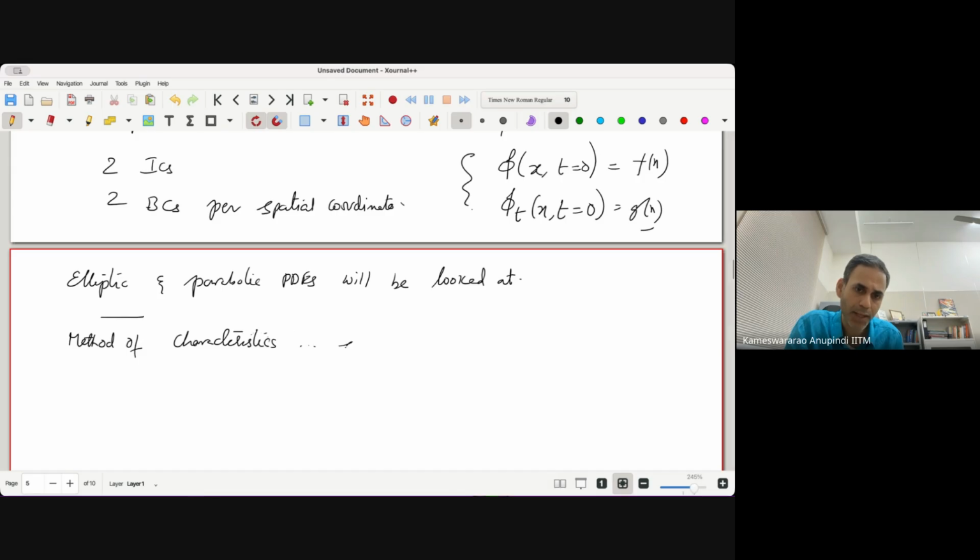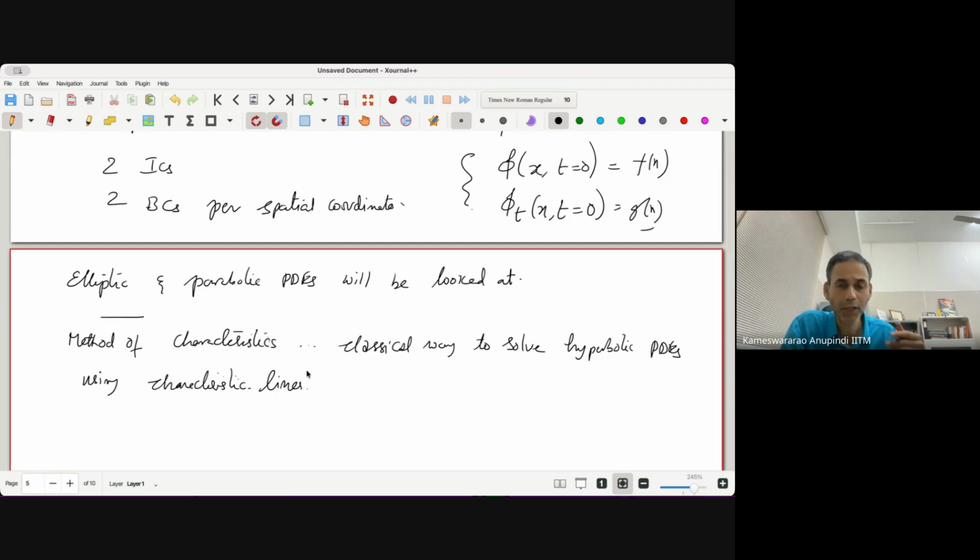Which is a classical way to solve hyperbolic PDEs using characteristic lines. So remember, we have written down these expressions for characteristic lines when you have found the determinant of the numerator and set it to 0 and so on.